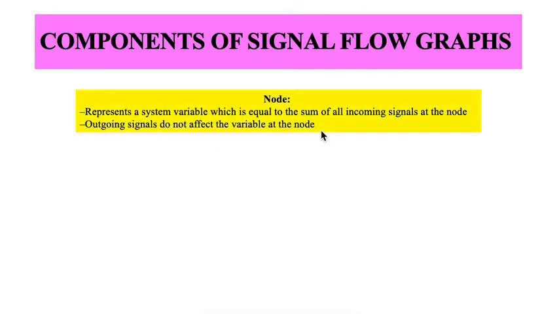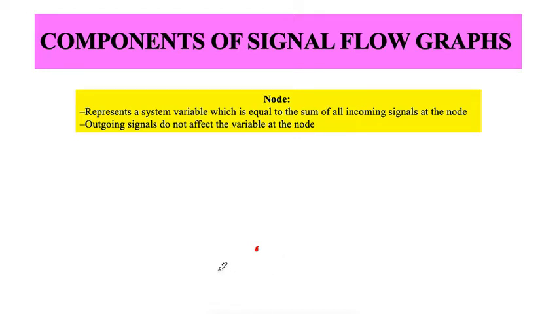So what are the components? I have a node, which represents a variable equal to the sum of the incoming signals at the node. You can relate this to a circuit: if I have a node and want to compute the current, you take the sum of all the elements which enter it. The outgoing signals do not affect the variable at the node.